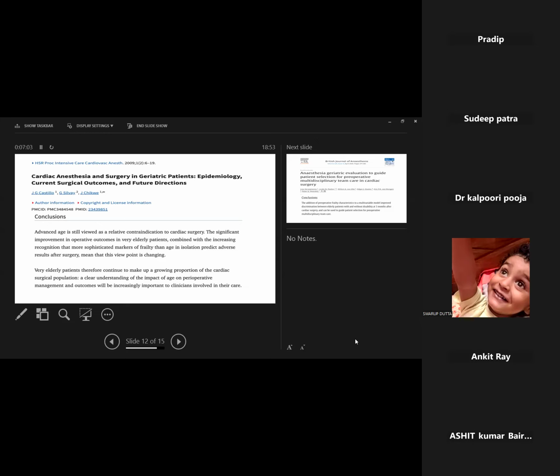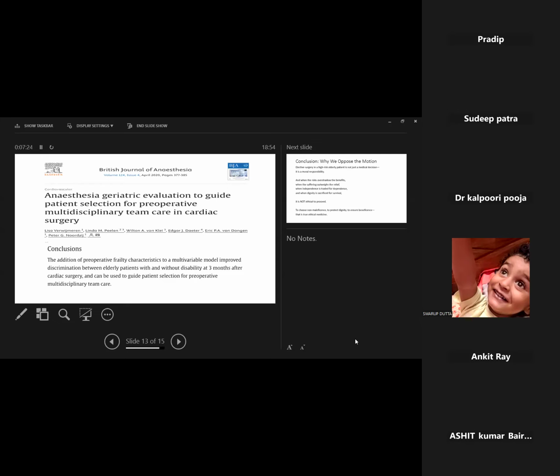Very elderly patients therefore continue to make up a growing proportion of the cardiac surgical population. A clear understanding of the impact of age on perioperative management and outcome will be increasingly important to clinicians involved in their care.